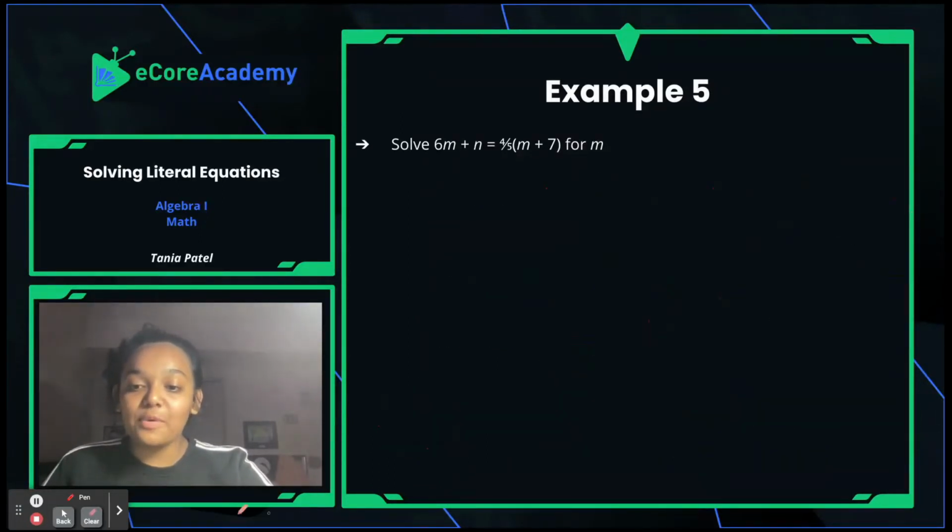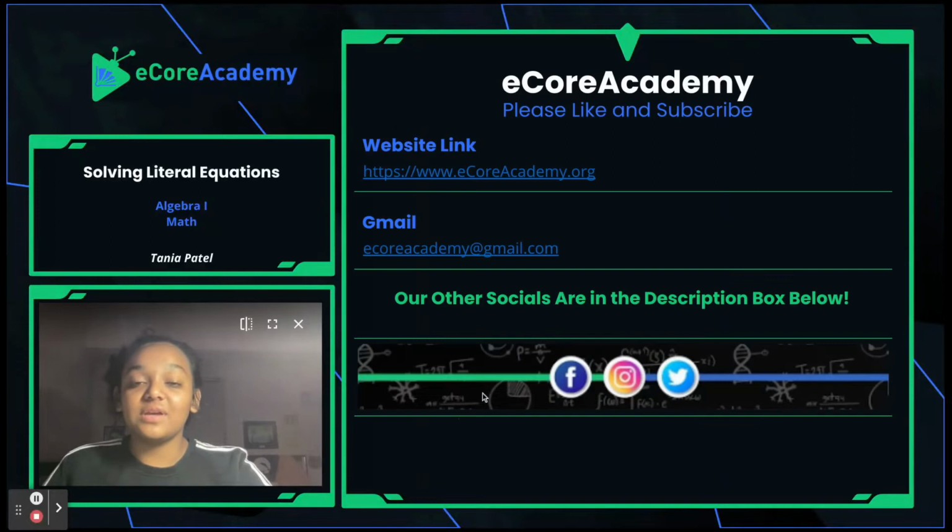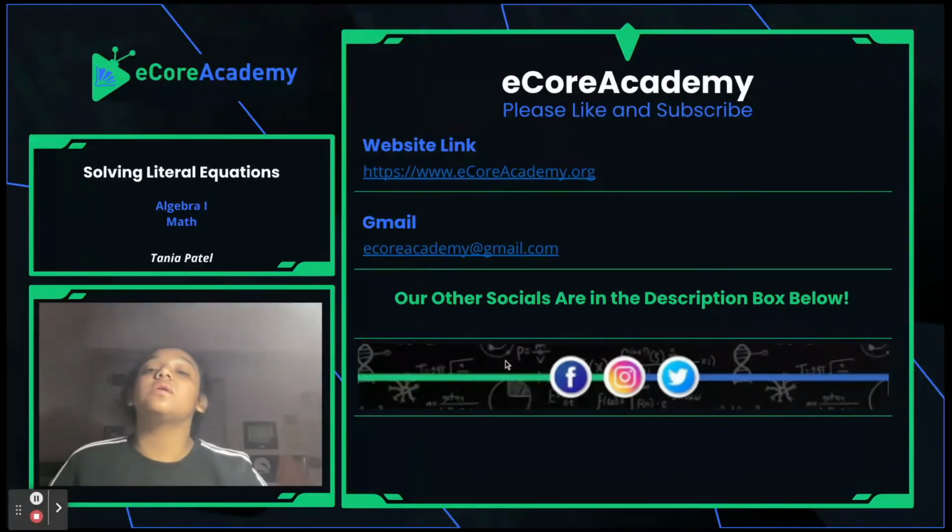So guys, that was the end of today's lesson. We have done 5 examples, not only on literal equations, which was the main idea, but we also built something new with our skills. We started working with one equation having more than one variable, with constants and coefficients and all different sorts of numbers, which is a new thing.